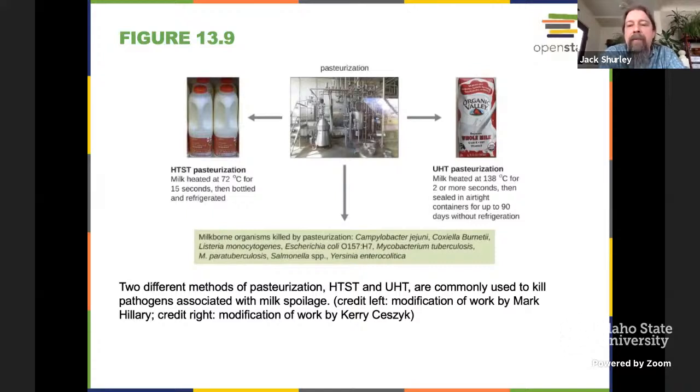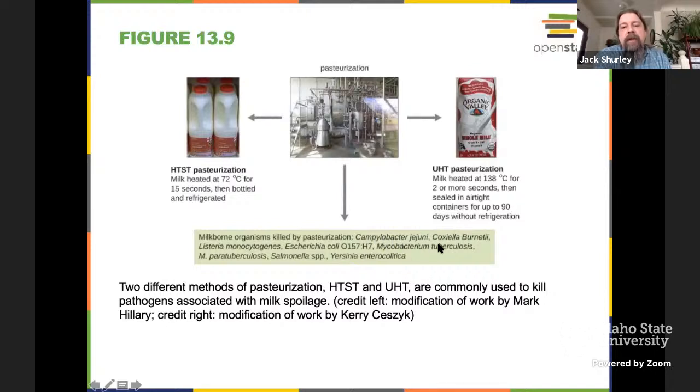You bump it up above that and it becomes pretty inhibitory. Lots of organisms can't tolerate that. So with pasteurization, Campylobacter was one of the main ones that we really were trying to target in the first place. It causes some nasty GI tract issues.